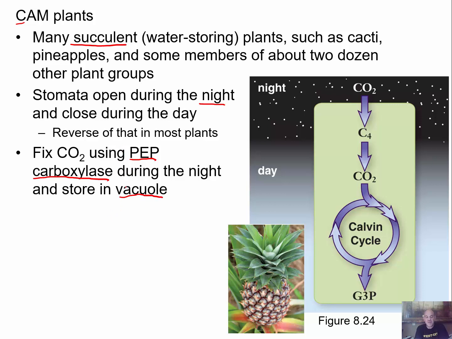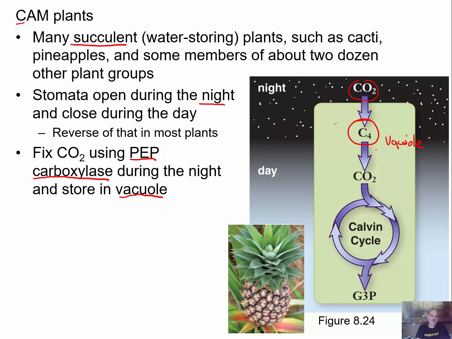And then during the day, we can close our stomata, and we can release the carbon dioxide and allow it to go through the Calvin cycle during the day. So over here in our diagram, we see we're going to take in carbon dioxide at night, fix it as a C4 with phosphoenolpyruvate as before, and then store it in the vacuole of the plant cells.